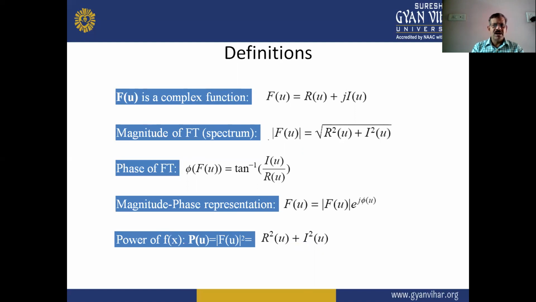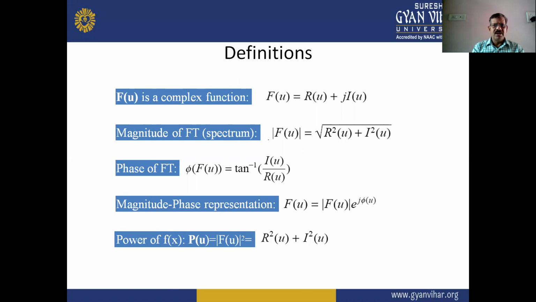Next is the magnitude of the FT spectrum: magnitude of F(u) equals the square root of R squared(u) plus I squared(u), and the phase of F(u) equals tan inverse of I(u) upon R(u).